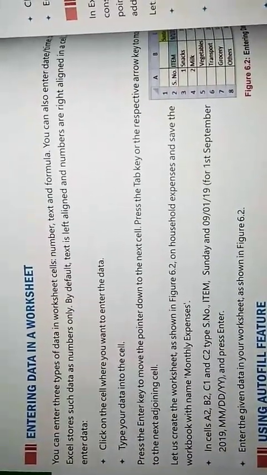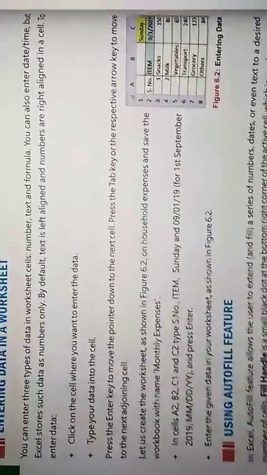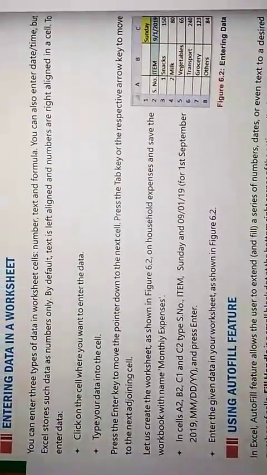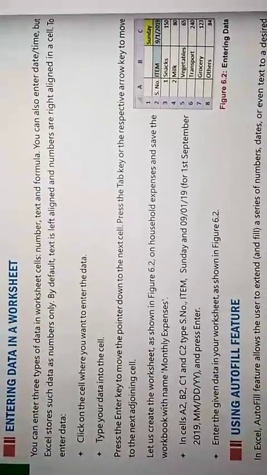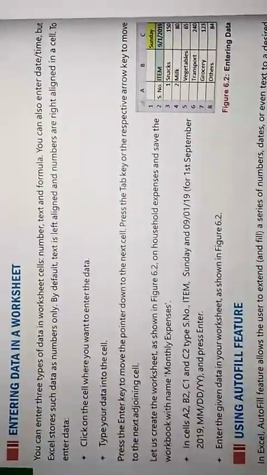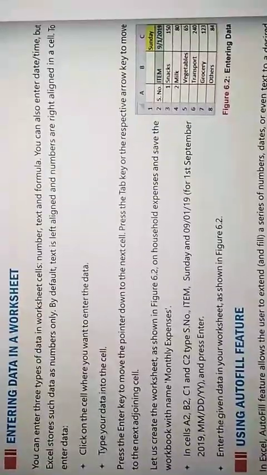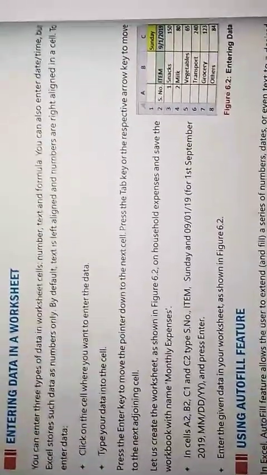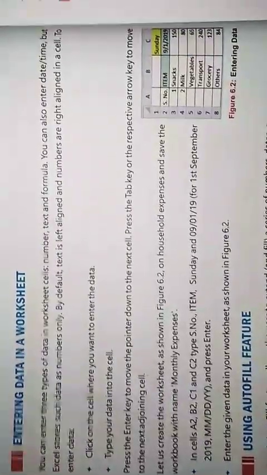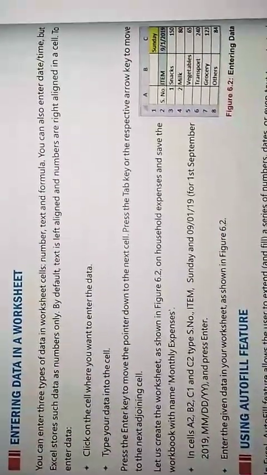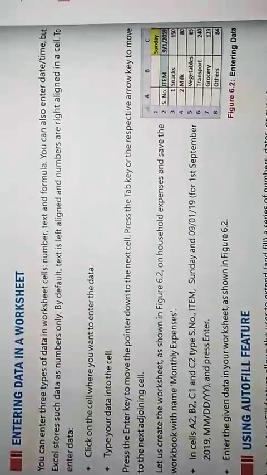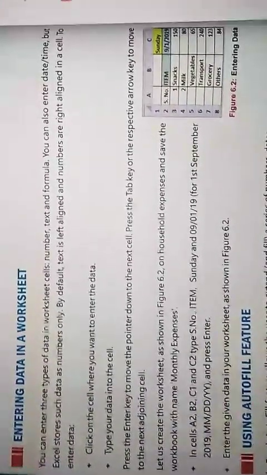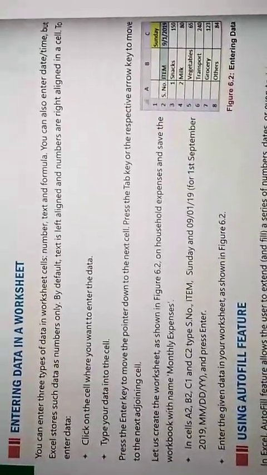Let us create the worksheet as shown in figure 6.2 on household expenses and save the workbook with the name monthly expenses. You can see the figure 6.2, entering data, in which you can see rows and columns. The columns will be A, B, C, and the rows numbered 1, 2, 3, 4, 5, 6, 7, 8.